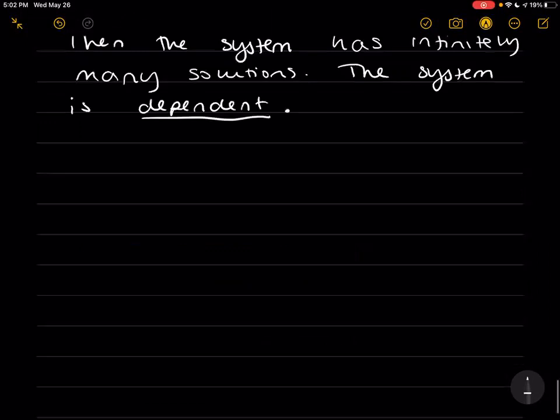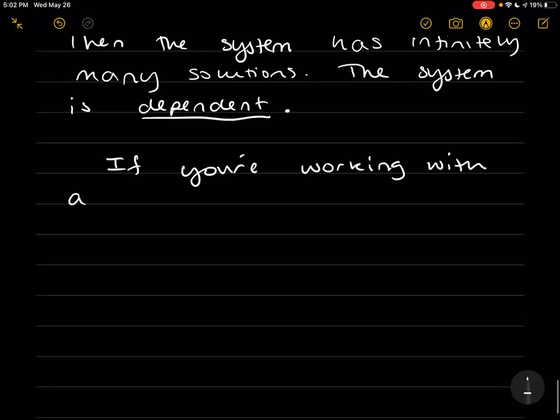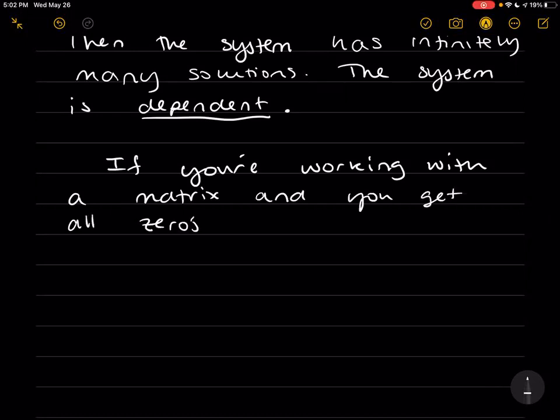Now, on the other hand, if you're working with a matrix, and you get all zeros in a row, except for the rightmost entry.